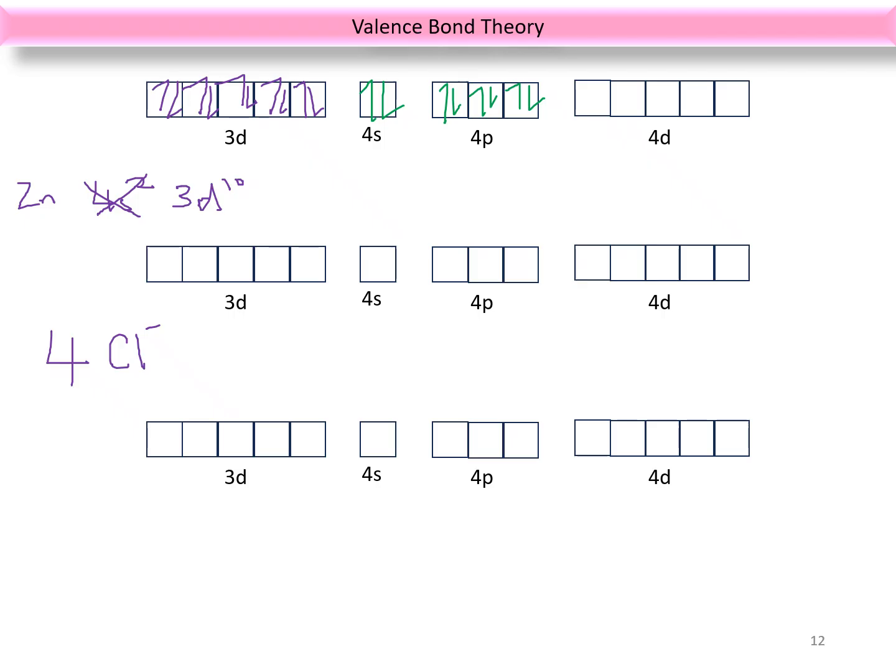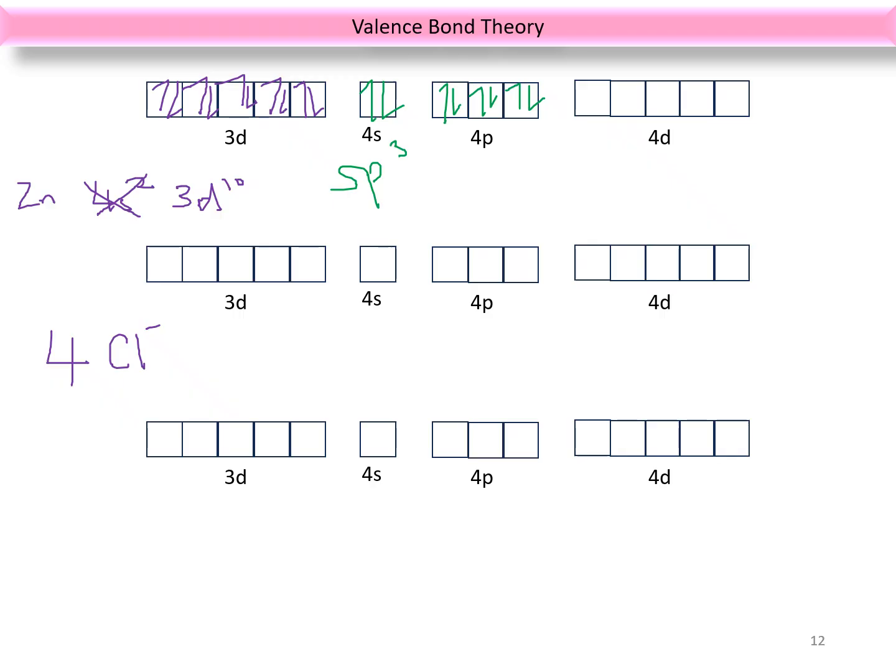So the hybridization is sp3, a tetrahedral. Is there any unpaired electron? No. It's diamagnetic. The absence of unpaired electrons will make the coordination compound, the complex, diamagnetic.